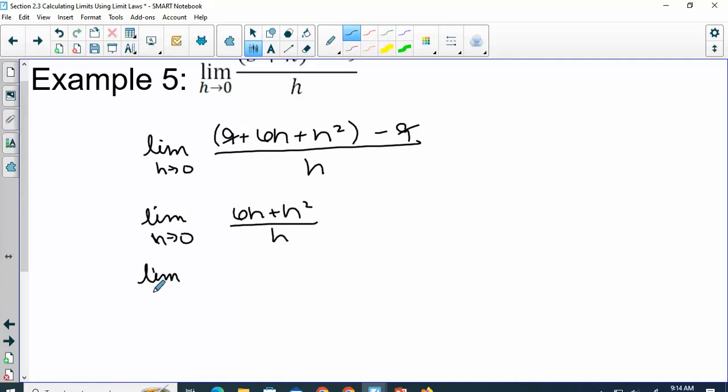Okay. Now what can you do? Yeah, we can divide. 6h divided by h is 6. H squared divided by h is h. Can we plug in now? Yes, it's no longer 0. So now I'm plugging it in so the limit goes away. So 6 plus 0 is 6.